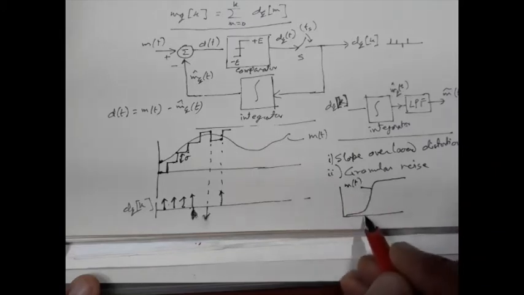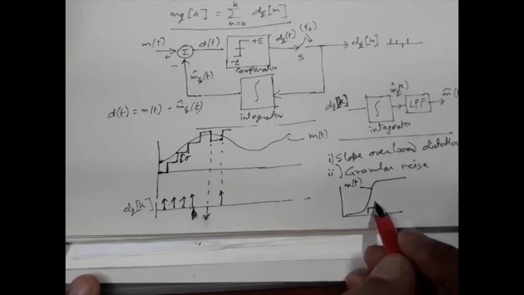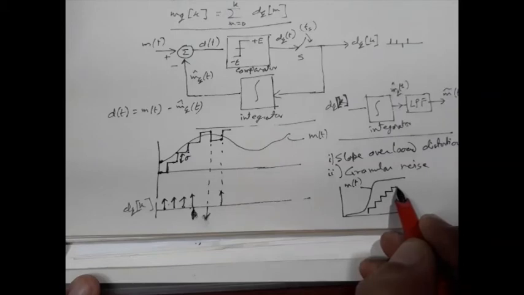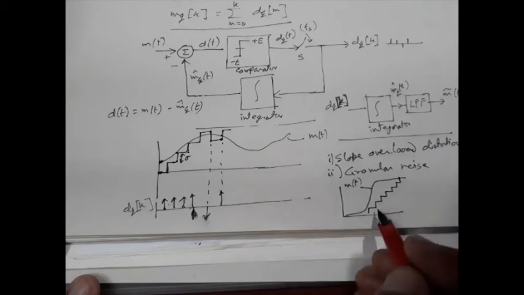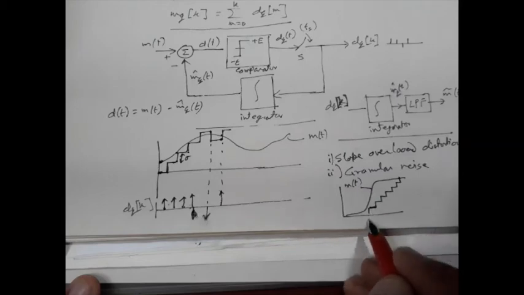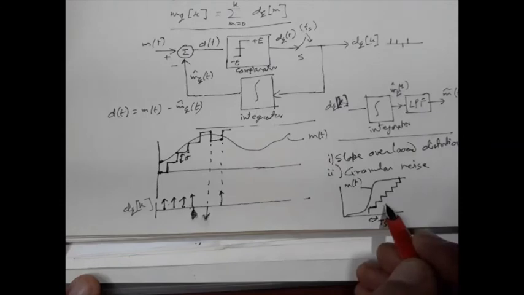So what happens? The integrator output will try to follow this signal in a staircase fashion like this, because the integrator cannot move. This one is the sampling time, and this one is sigma.